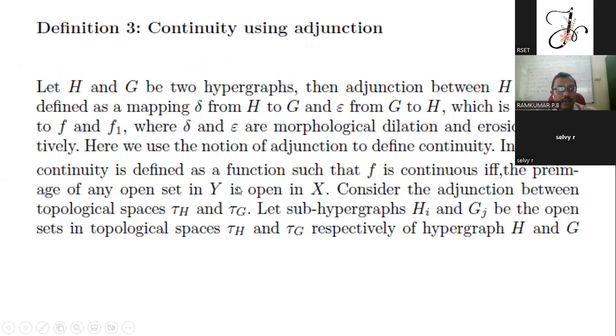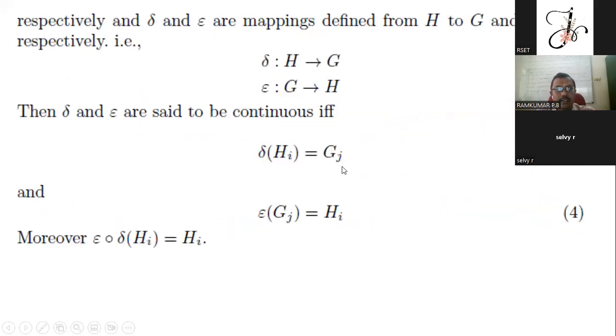In the case of a topological space, continuity is defined as a mapping f between two topological spaces, between two open sets, say X and Y. So here we have to consider two topological spaces, tau_H and tau_G, and sub-hypergraphs H_i and G_j, so that there exist mappings delta and epsilon. Delta is a mapping from H to G, and epsilon is a mapping from G to H.